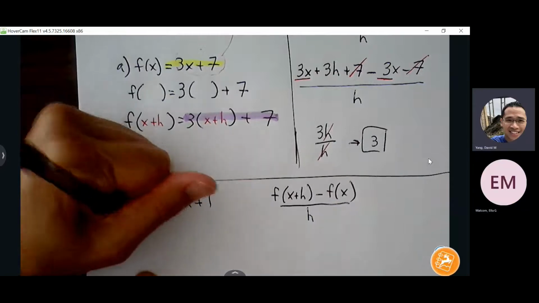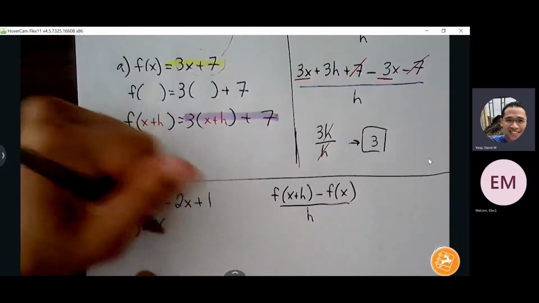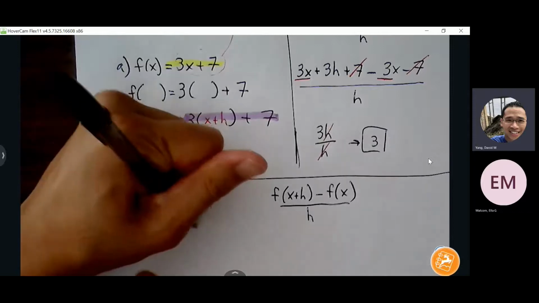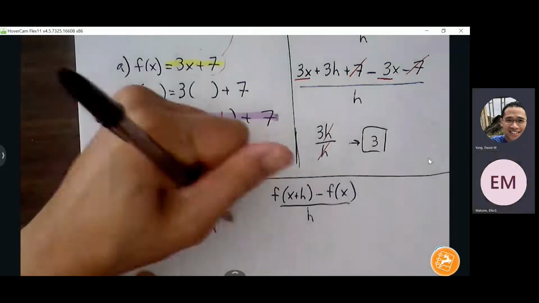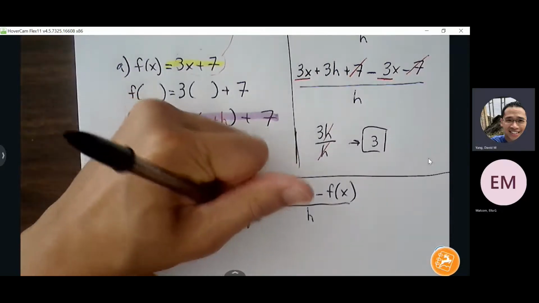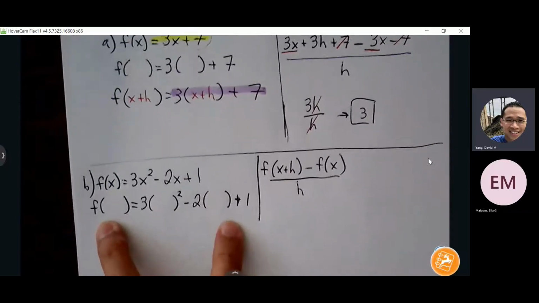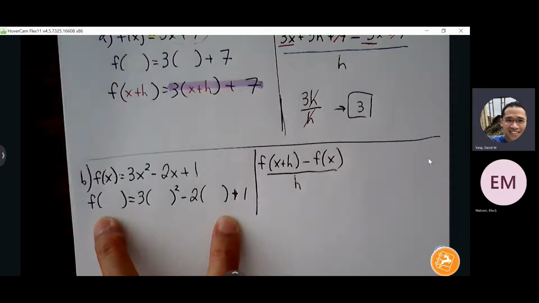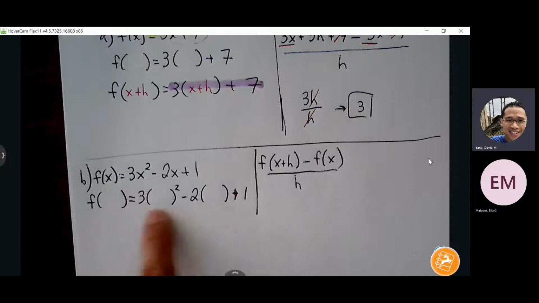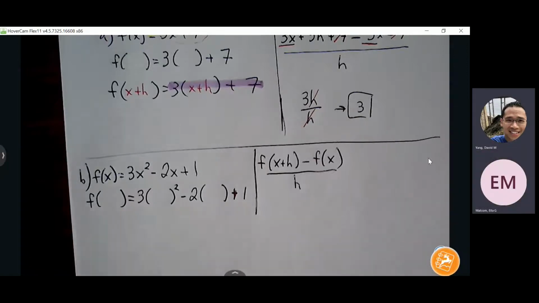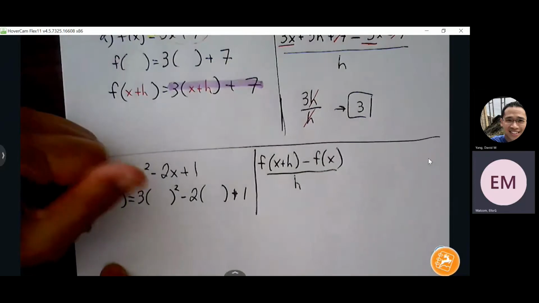So maybe you don't do this every time if you can see it, but I like to let students know that if they're having trouble seeing it, if they can get it to look like this, you're not going to make a mistake because you have a spot for where all those x plus h are going to go.